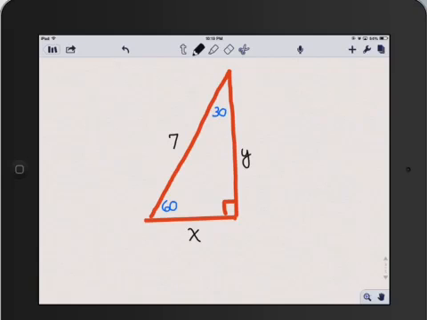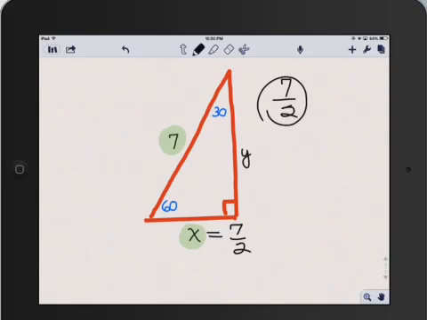Next problem. A little bit trickier, but once again the hypotenuse is given. We first of all want to find the length of the shorter leg. So the theorem states that the hypotenuse is twice as long as the shorter leg. So if we take the hypotenuse and divide it by 2, we have the length of the shorter leg. So the hypotenuse divided by 2 is 7/2.